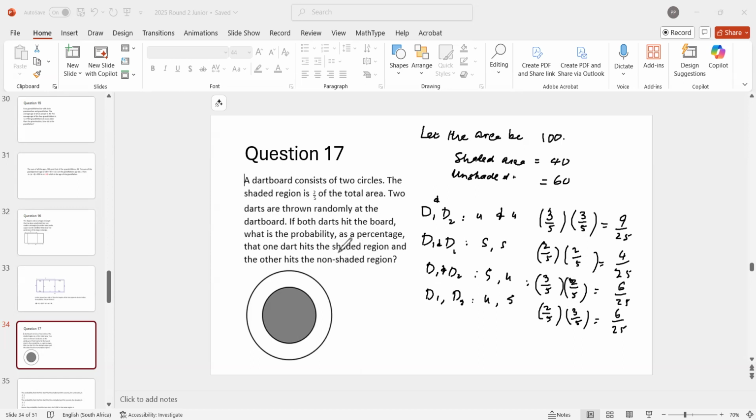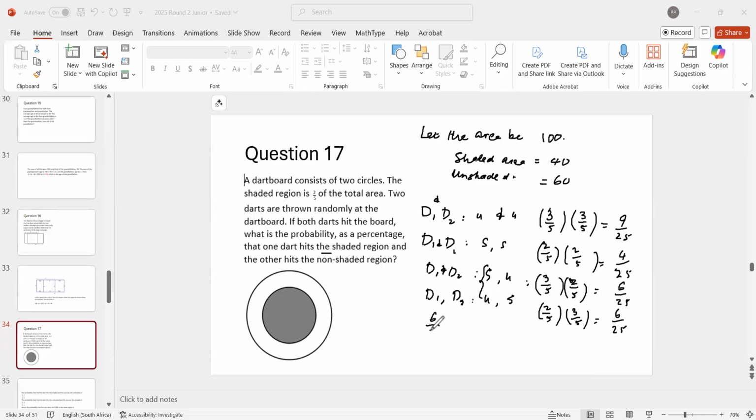So the question is now, what is the probability that one dot hits the shaded region? Doesn't tell you which one, right? It doesn't say whether it's the first dot or the second dot. And the second one hits the non-shaded region. So you have to take both these cases, where the first dot hits the shaded and the first dot is unshaded.